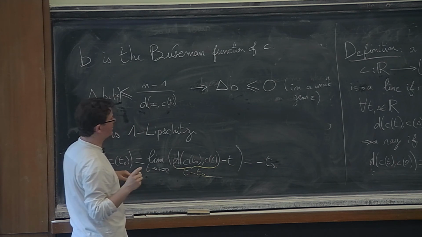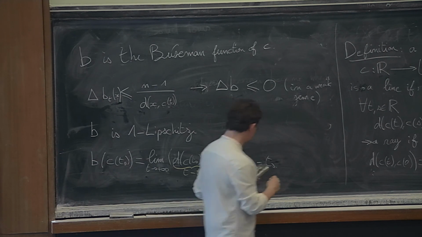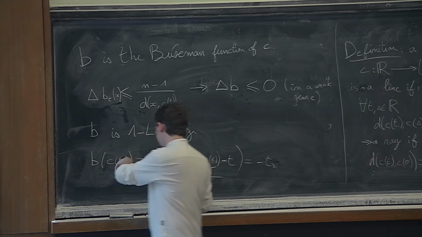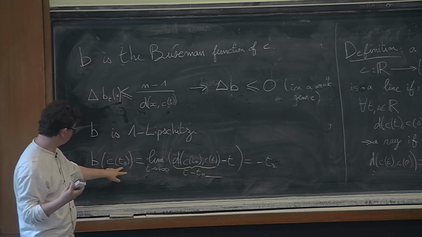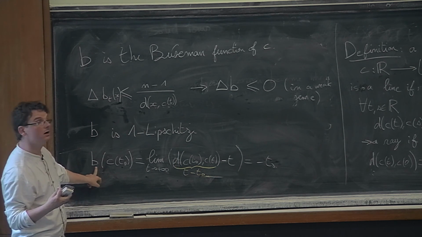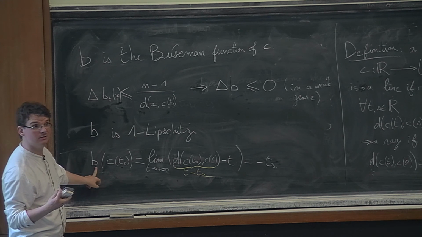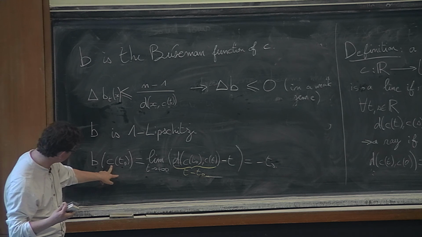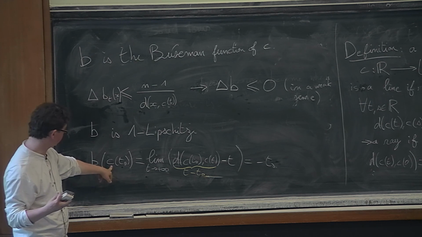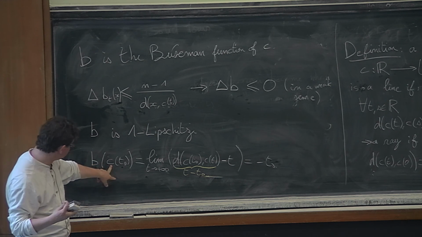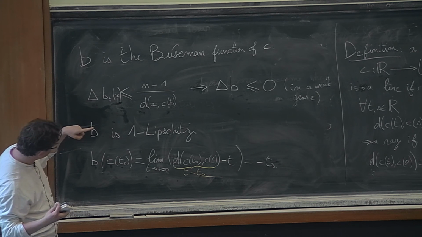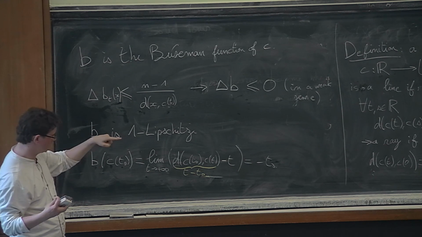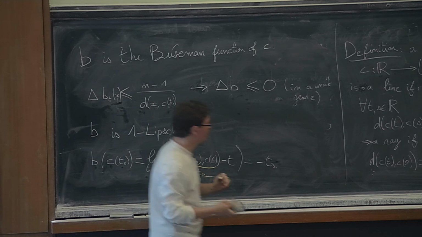So this is equal to minus t_0. Okay, in particular, if you follow the geodesic, that will tell you that the gradient of the Busemann function along this line is exactly, when you're on the ray that defines the Busemann function, it's exactly the tangent vector to the geodesic. Well, the opposite, actually. Okay.